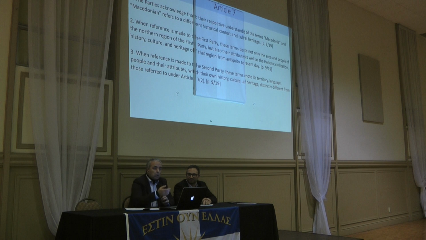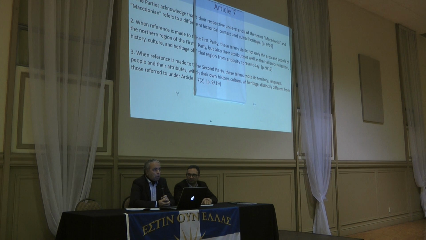Okay? So, the explanation why they don't use the word Macedonia, because they want to use it for the other. So, let's say, no name. This country with no name, we have Macedonia as a name, with Northern Macedonia.